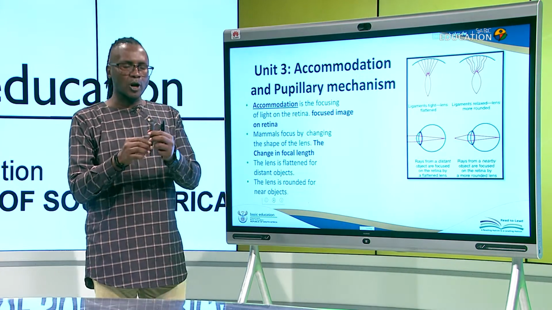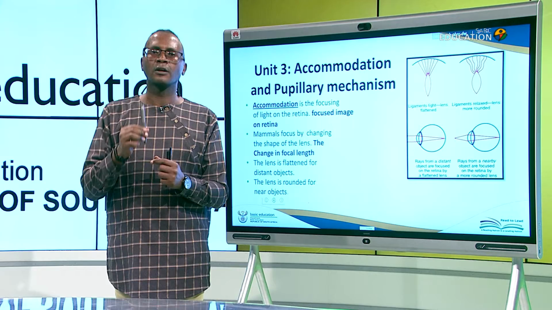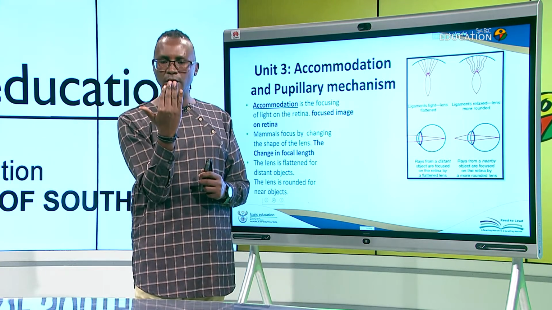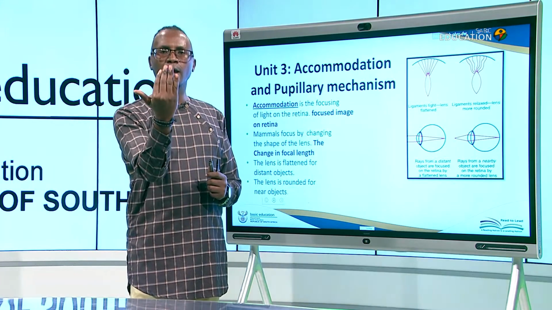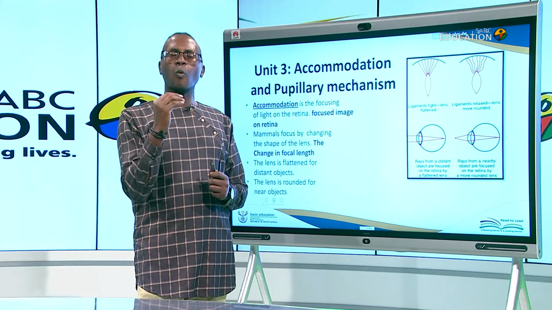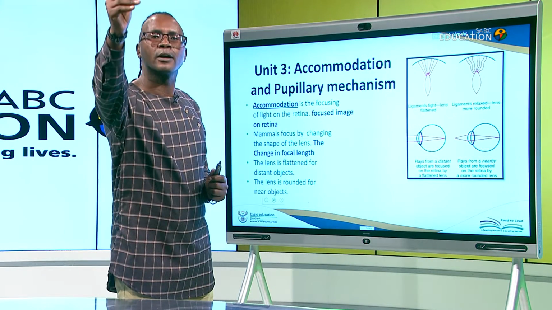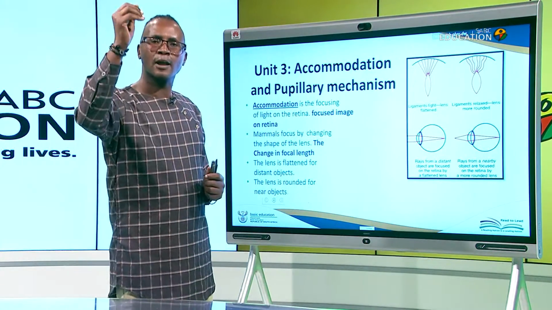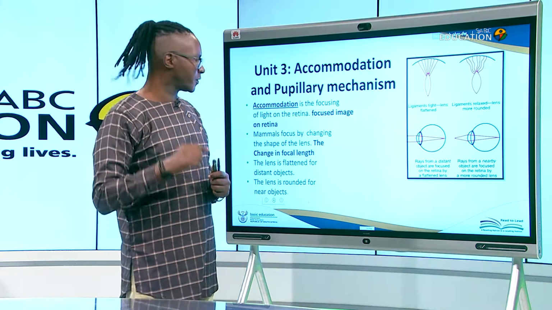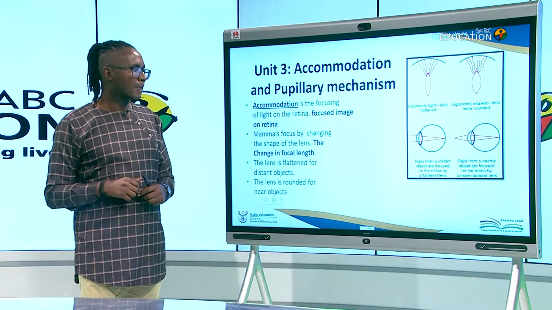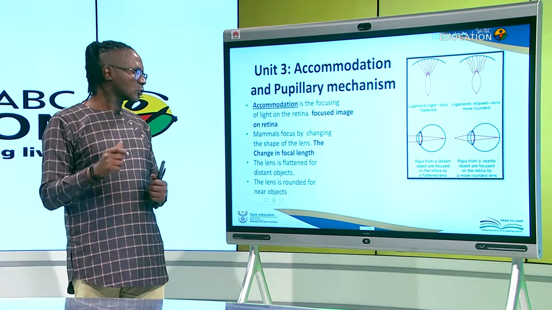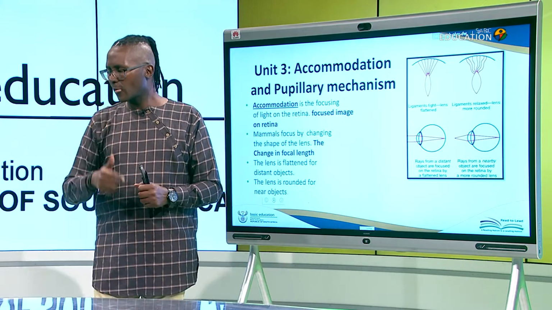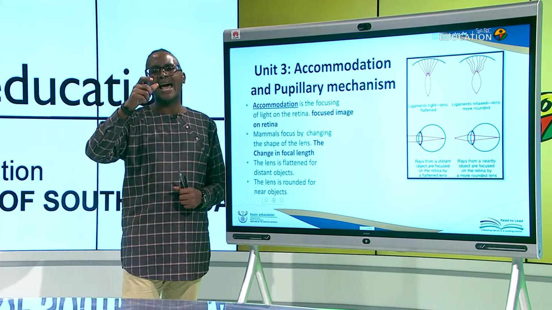When you are closer to me, it's near vision, less than 6 meters. When you are far away, more than 6 meters, it's far vision.